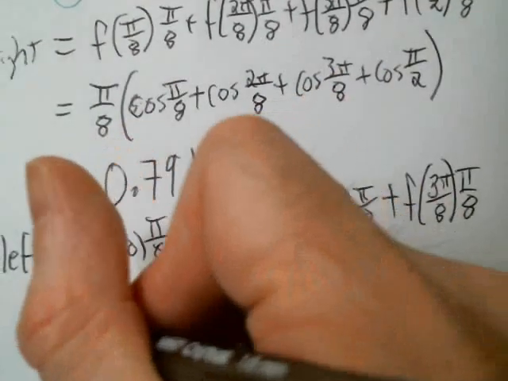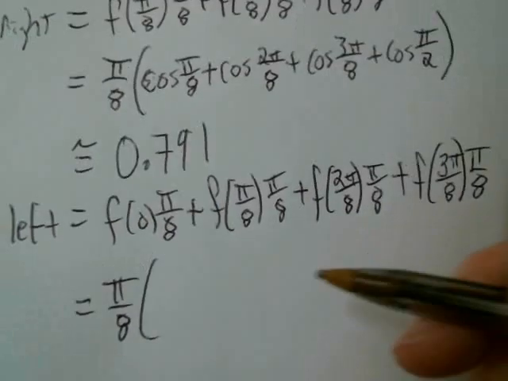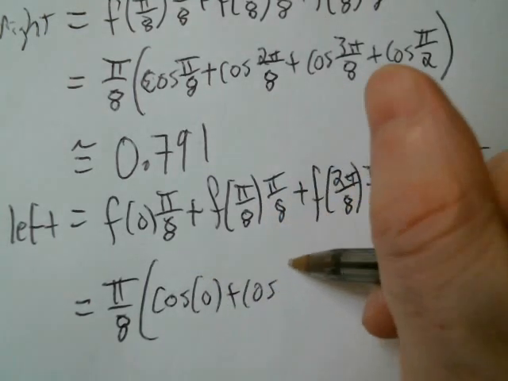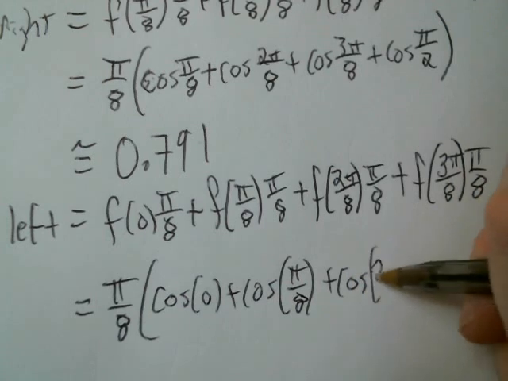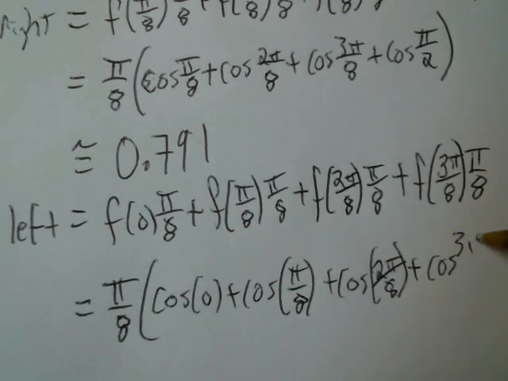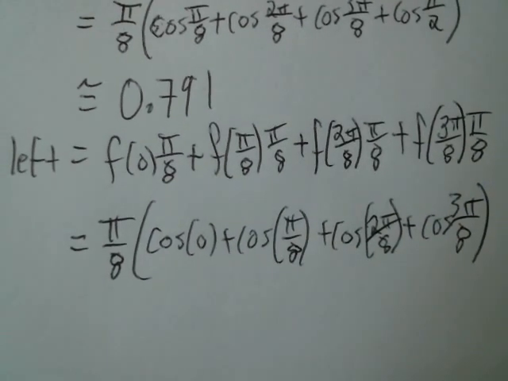Okay. And then what do we get? So you can factor out the pi over 8, and you'll be left with cosine of 0 plus cosine of pi over 8 plus cosine of 2 pi over 8 plus cosine of 3 pi over 8. Okay. And then you plop all that into your calculator and get your answer.